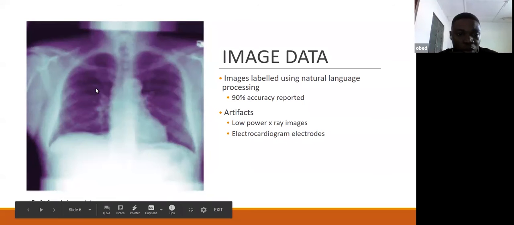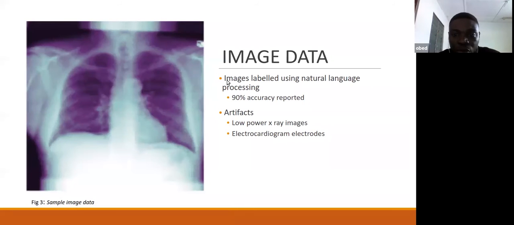The images I worked with, some of them were actually labeled, and it was labeled using natural language processing, and reported to have 90% accuracy. Even though I'm not so sure of that, because when I did my manual review of the images, I realized that some of the labelings were not so accurate.